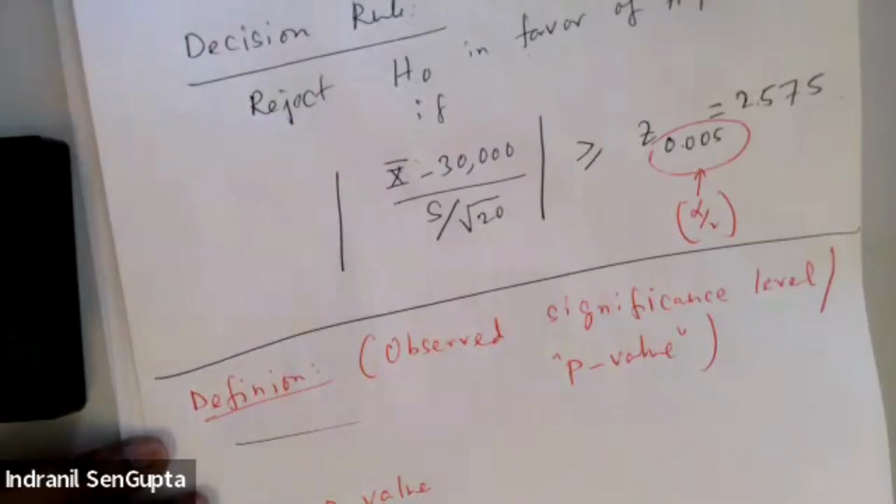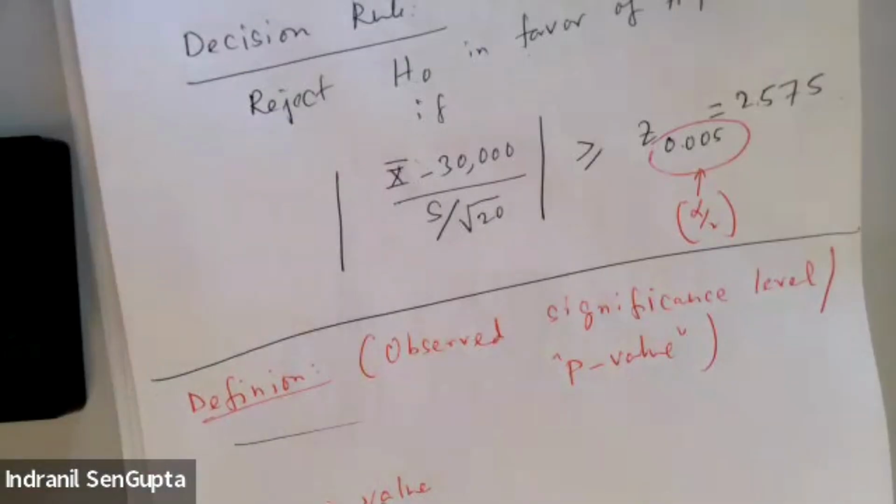So what is going on? Suppose we see a sample. Based on the sample, we are trying to see the probability that X bar is more than that X bar.